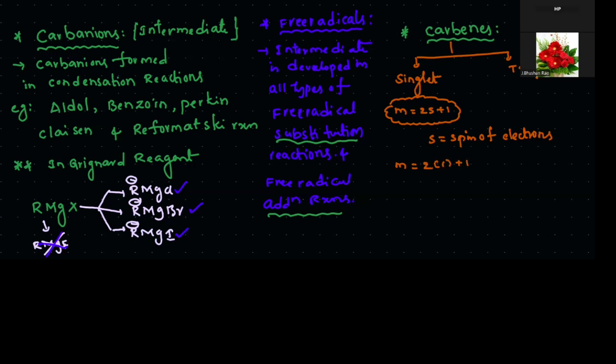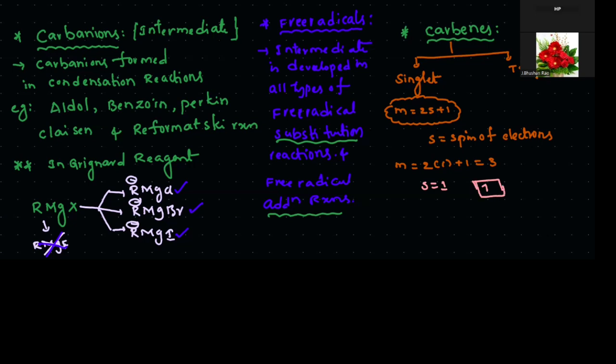So what is the meaning of here 1? That one also I will explain now. S equal to 1 means this is the one orbital. In this, two electrons were present. If both are in the opposite direction, that is one condition.